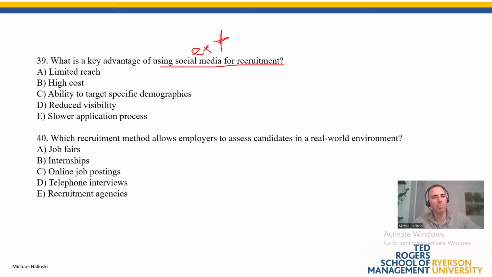You can reach people from a large geography, because you can reach millions of people at a time. You probably could find specific demographics you might be interested in.